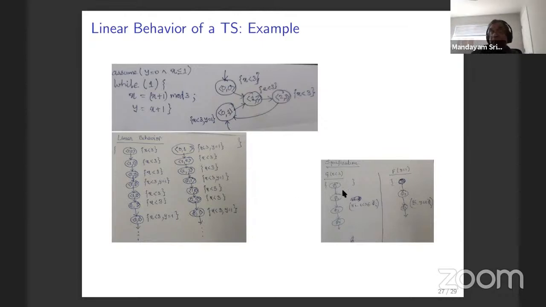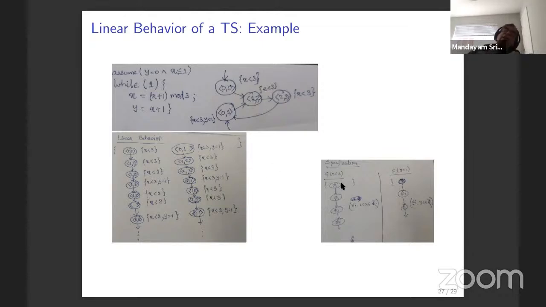For example, here I might want to say that every legal trace should be such that x is less than 3.